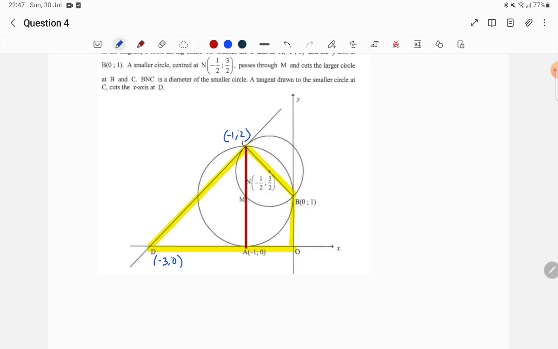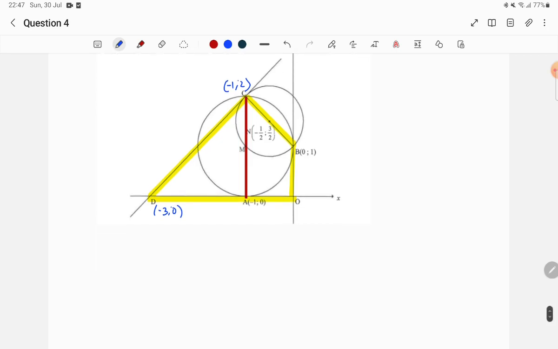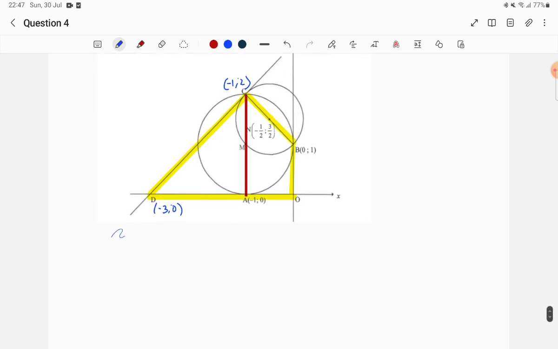Then we have a triangle ACD, and on the other hand we'll have a trapezium OBCA. How do we know it's a trapezium?